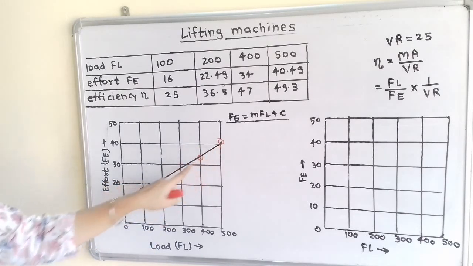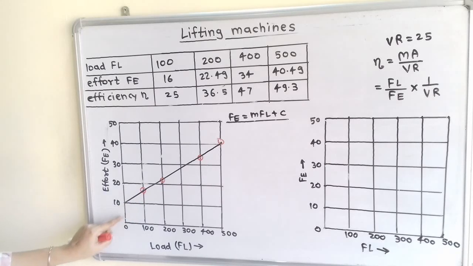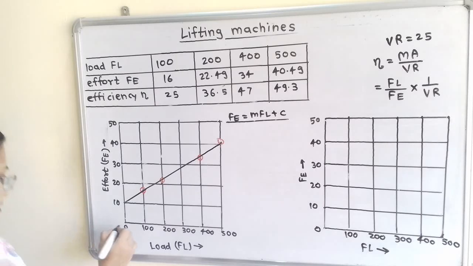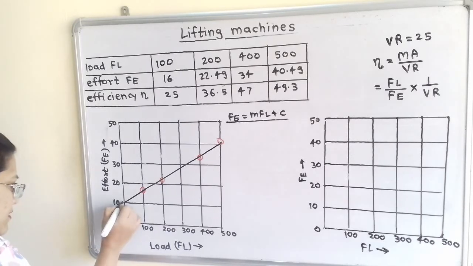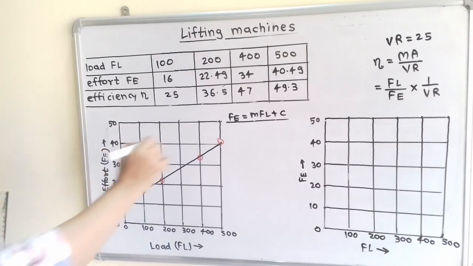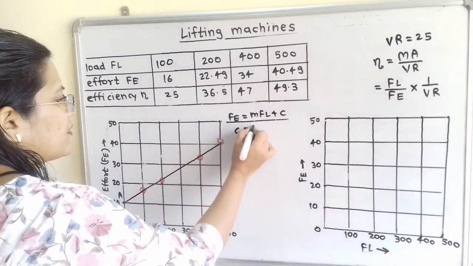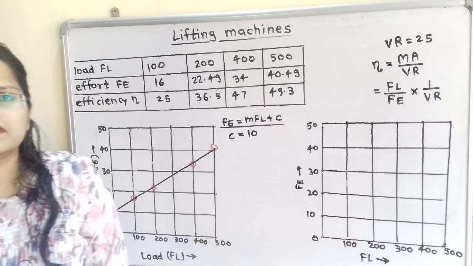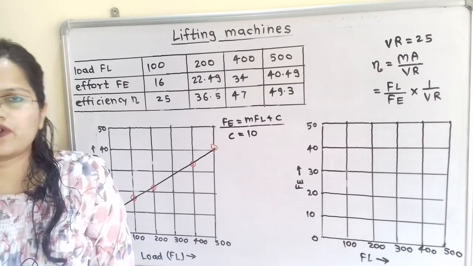If we observe at 0, here is the intercept. Suppose this point is O and this point is A, then OA is nothing but the intercept, so the value of C is equal to 10.